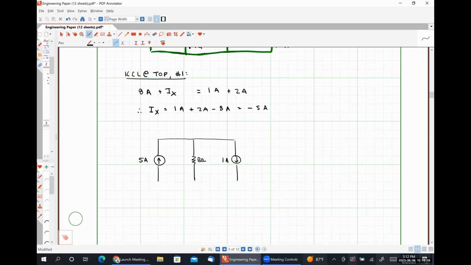A 1 amp source here. Let's make this a 10 ohm resistor. A 6 amp source here.